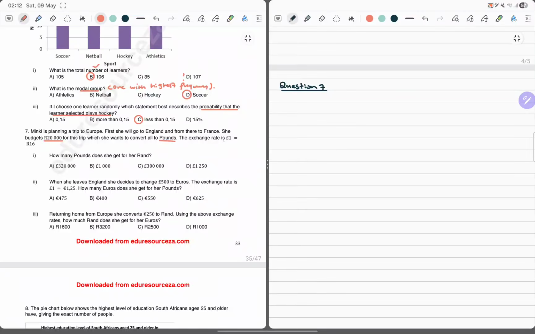Now the exchange rate is 1 pound equals 16 rands. The question says, how many pounds does she get for her rands? Again, we already demonstrated how to deal with ratios and proportion, guys. So we know that 1 pound gives us 16 rands.